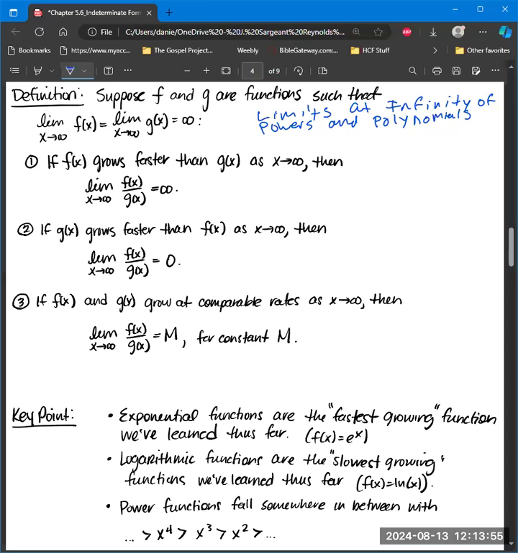So let n be a positive integer and let P of x be a polynomial.